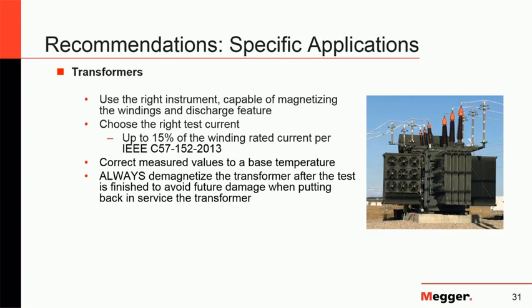On the current selection, really important, according to IEEE C57.152, we should not exceed 15% of the rated current of the winding under test. And again, that is to avoid heating of the conductor and changing the resistance of the winding. And finally, for the same reasons, the results should be corrected to a base temperature to be able to trend or compare to previous testing.